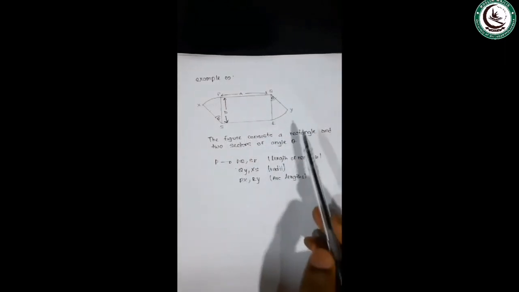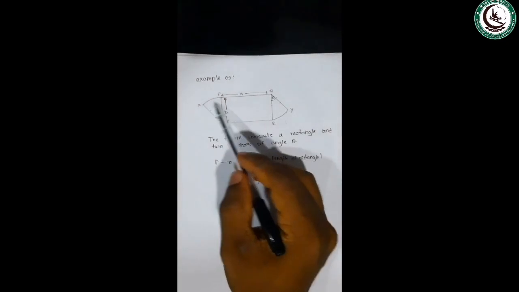Here the length of the rectangle is A and A, that is 2A, and we know the sector is a portion of a circle enclosed by 2 radii and an arc.